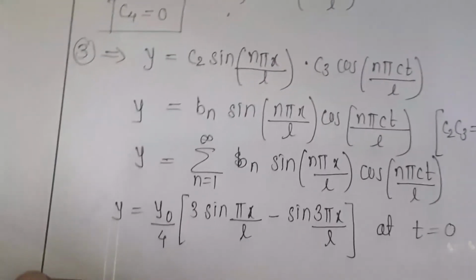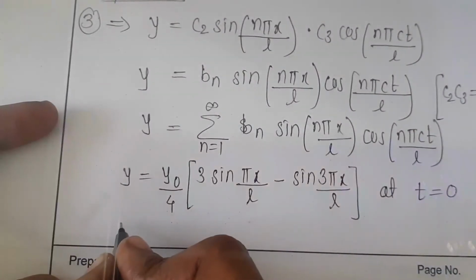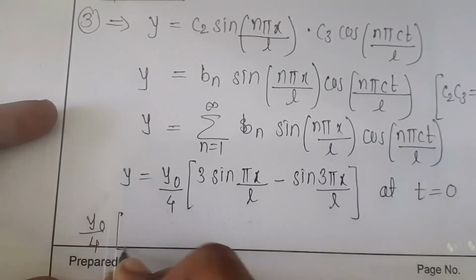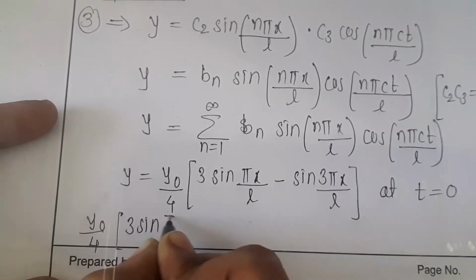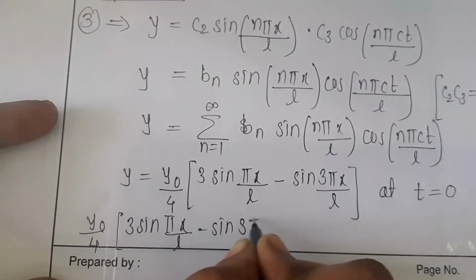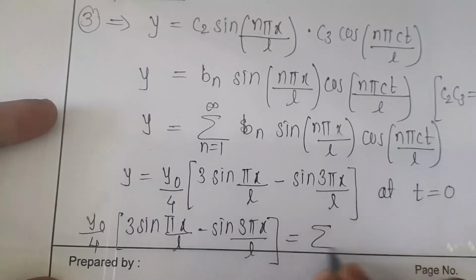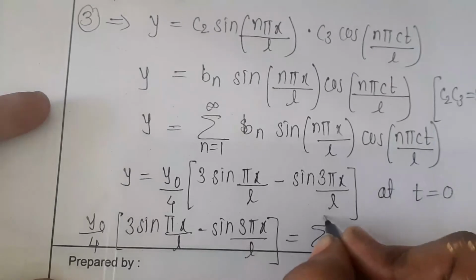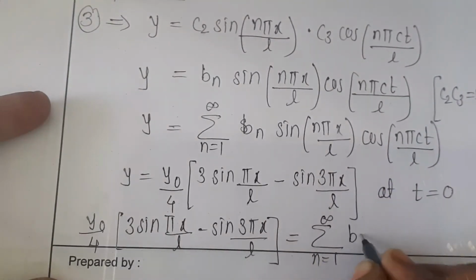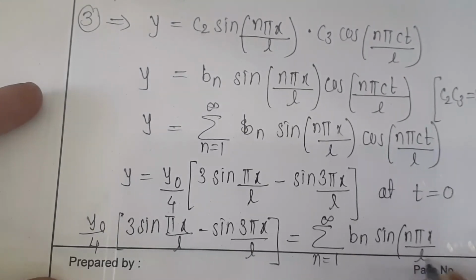So use here at t is equal to 0, y0 by 4 multiplied by 3 times sin pi x by L minus sin 3 pi x by L is equal to summation n is equal to 1 to infinity Bn, we keep as it is, sin of n pi x by L, and cos 0 is 1.